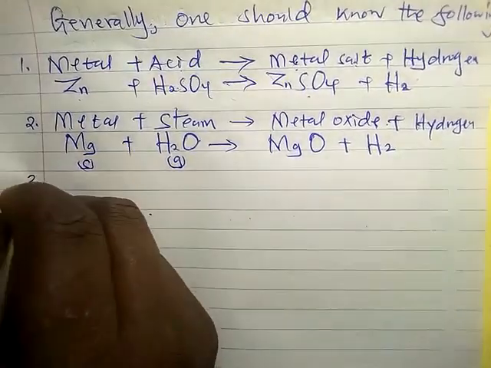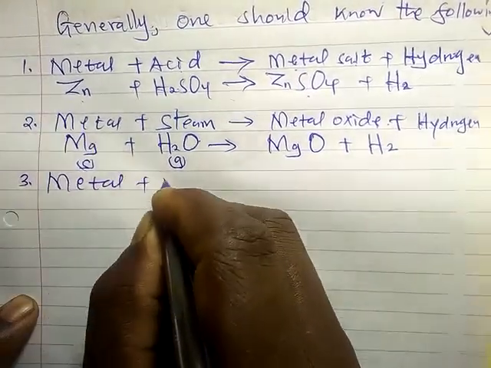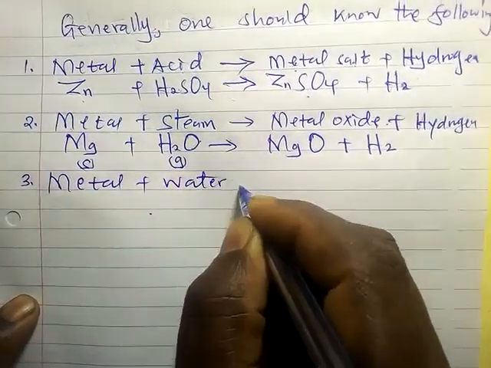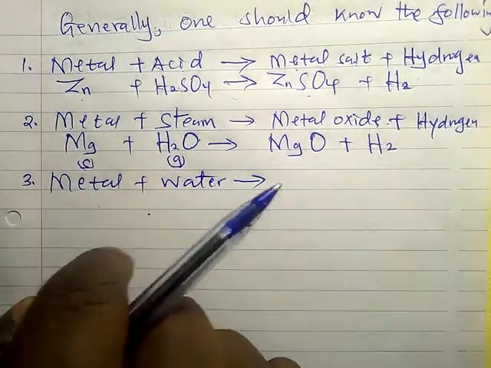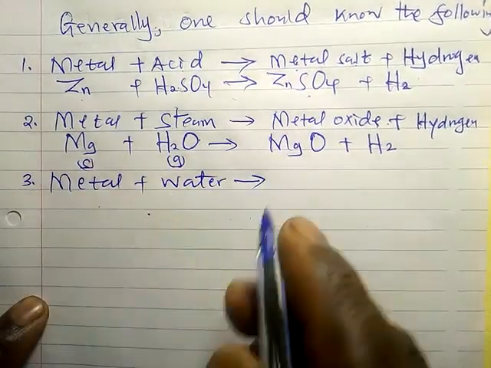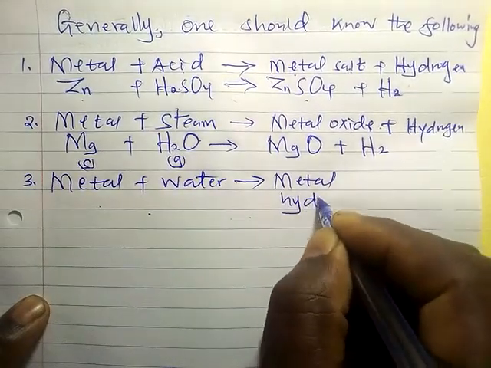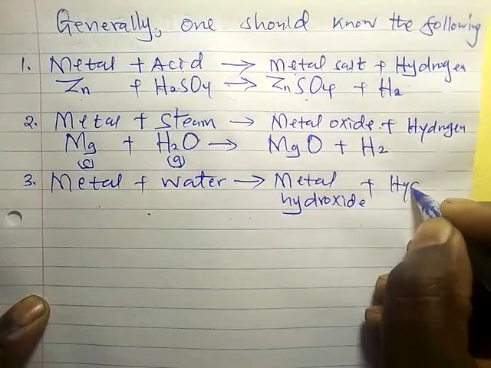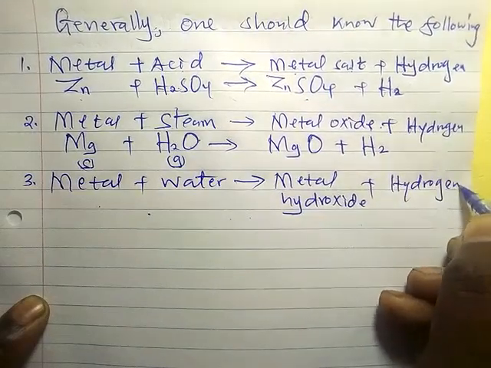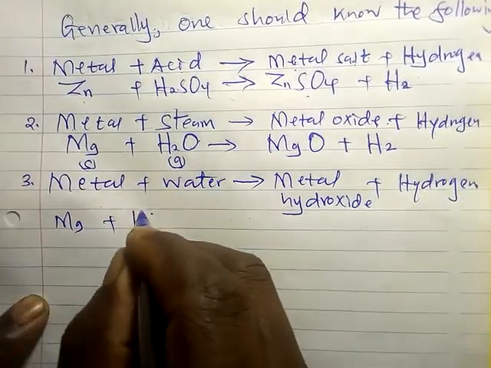Number three, metal plus water. What do they form? A metal, any metal that is able to react with water, will give you the metal hydroxide plus hydrogen gas. Very important. An example is magnesium plus water.